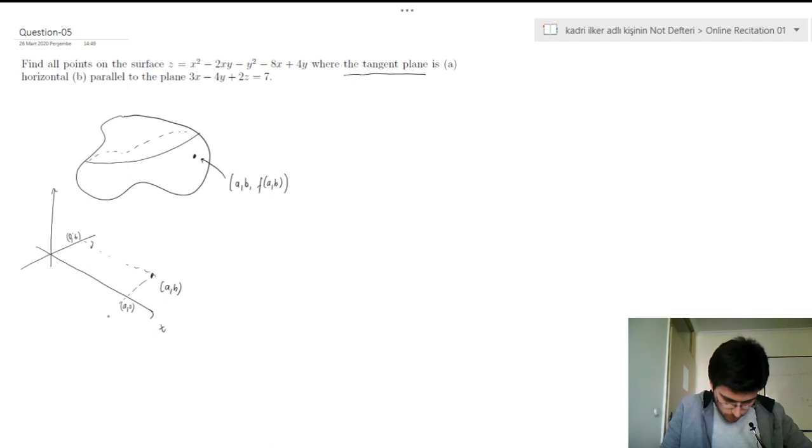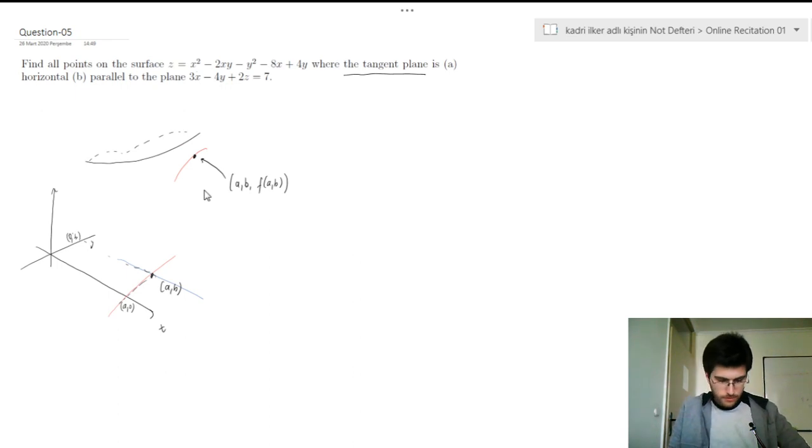If you move in this direction, we have a curve like this, and if you move in that direction, which means y is fixed, we have something like this. Anyway, some picture like this.